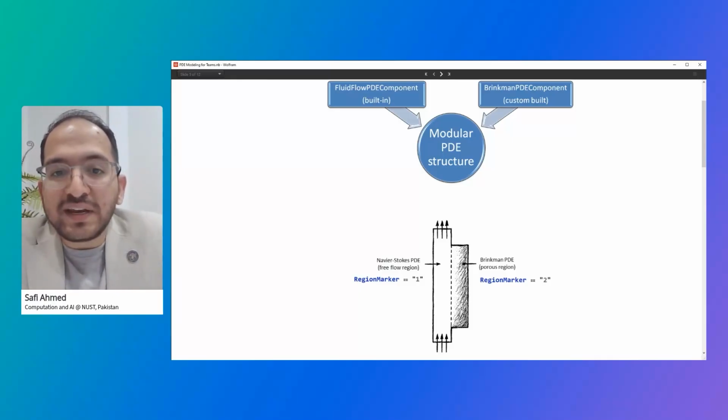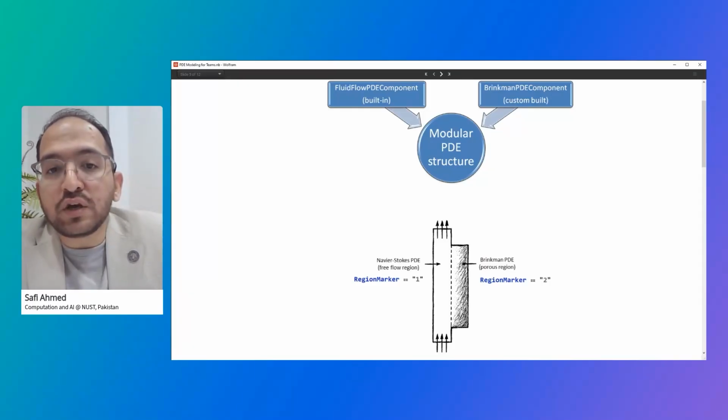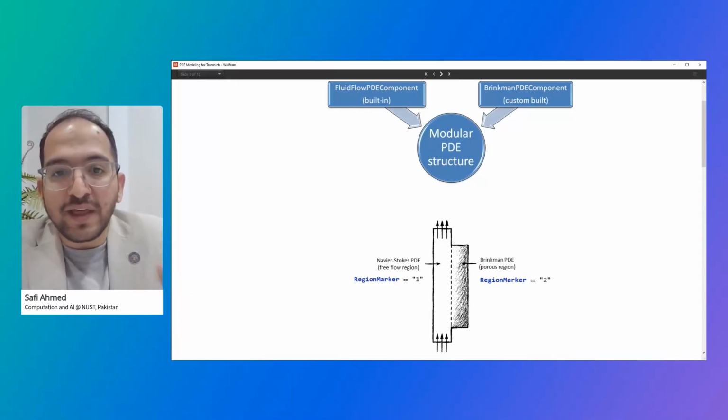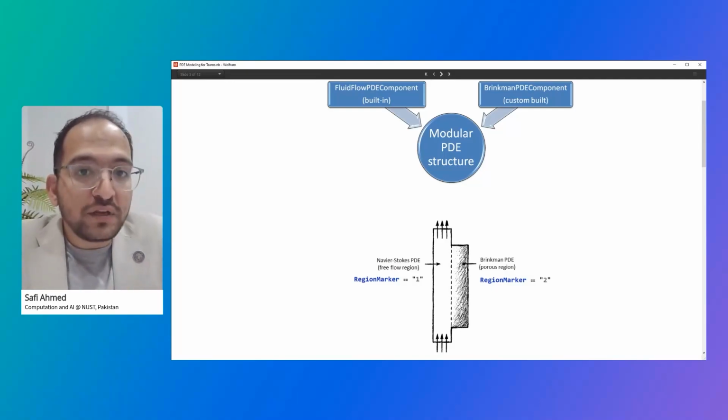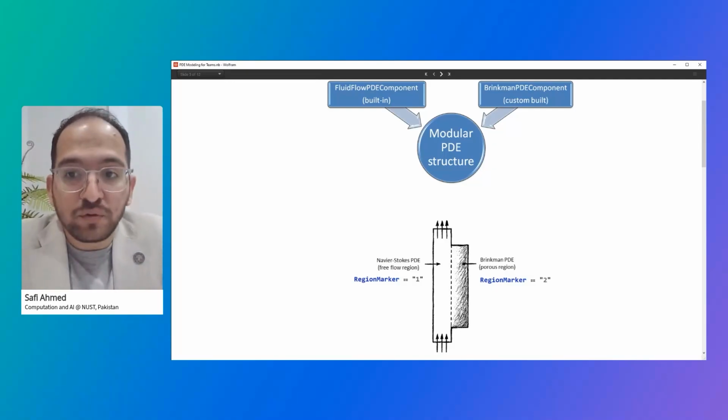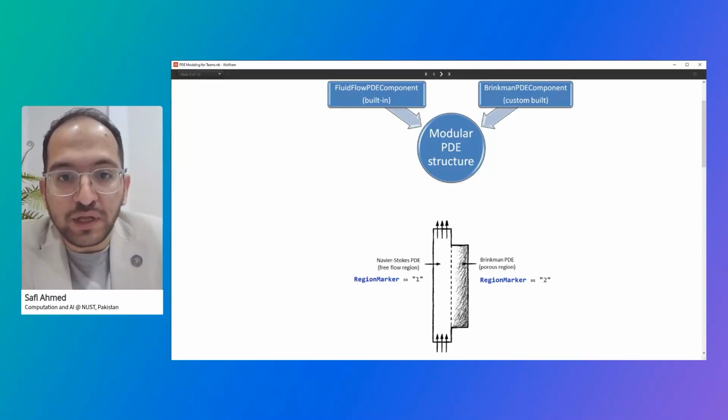Here I have indexed it as one for the free flow region, and two for the porous region. I will apply the different PDE components within the different regions, and that will result in a modular PDE structure and consequently a modular approach to coding.